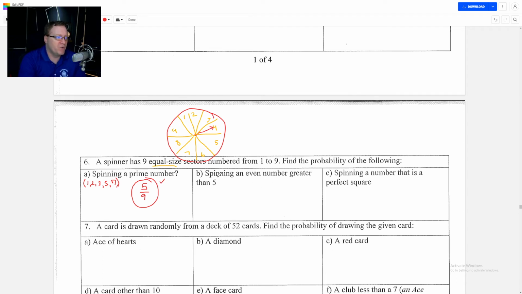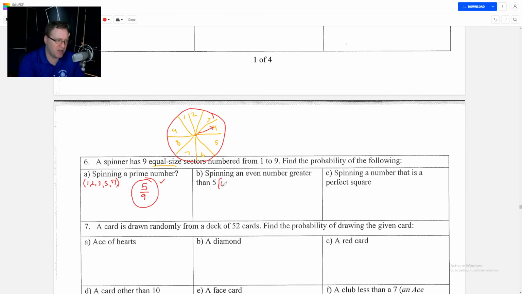Next, we are going to spin, and we want to find the probability of getting an even number greater than 5. Well, which numbers here are even and greater than 5? Well, 6 is bigger than 5, and it's even, and 8 is bigger than 5, and it's even, right?